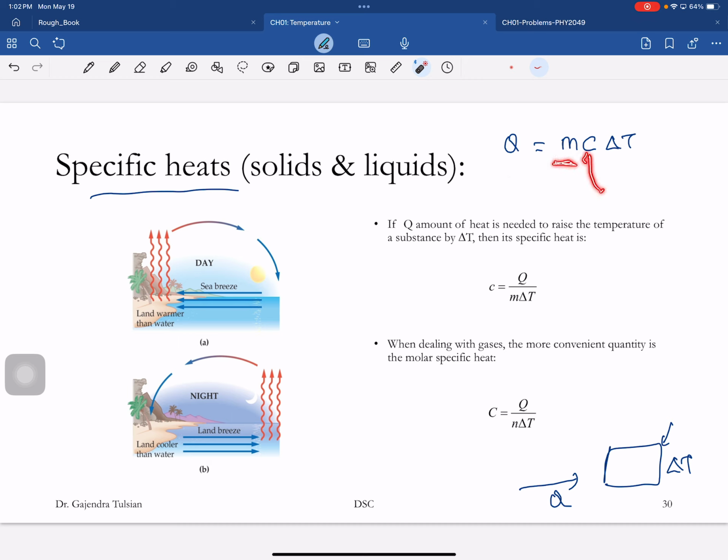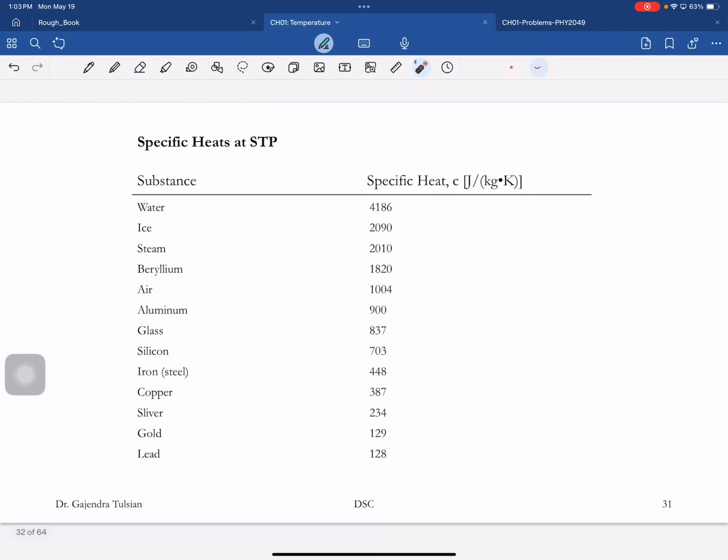If the specific heat is high, the rise in temperature will be low. Here's a table of specific heats. The specific heat for water is 4,200 joules per kg per Kelvin. What this means is you need 4,200 joules of heat to raise the temperature of 1 kg of water by 1 degree Kelvin. That's what that number means.